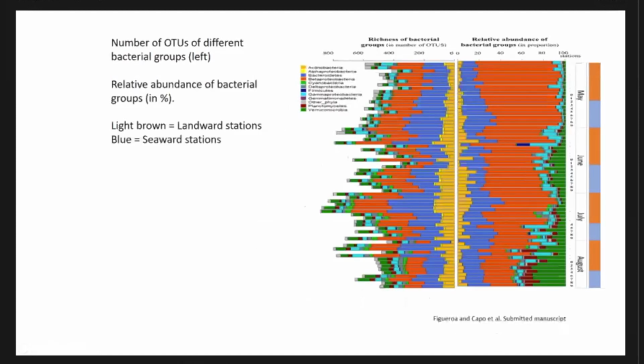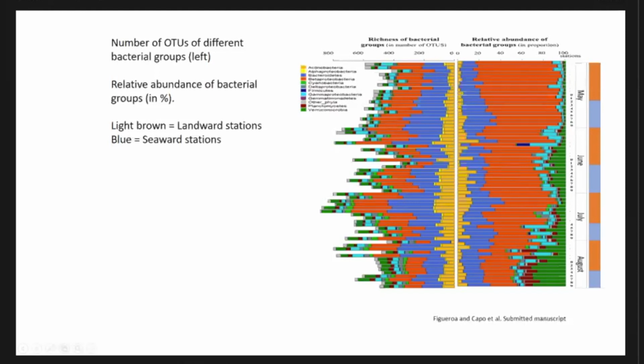And then we analyzed the bacterial composition. If you look at the right part of the panel, you can see that in May the bacterial community is dominated by Betaproteobacteria. This looks rather similar from the landward or coastal stations and the more offshore stations.